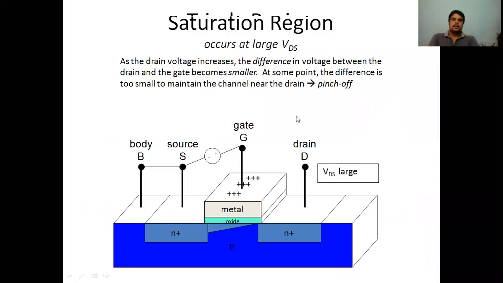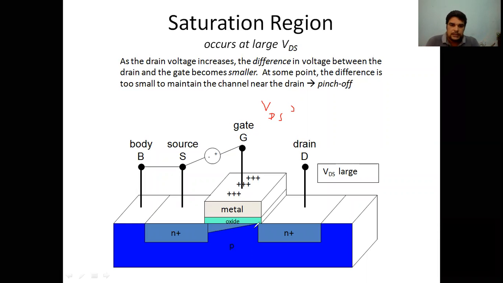Now, as VGS is increased above some certain value, and what is that value? As VDS is increased further, you can see that this is your VDS that you are applying here, and here if I connect it to ground, the voltage is almost zero.